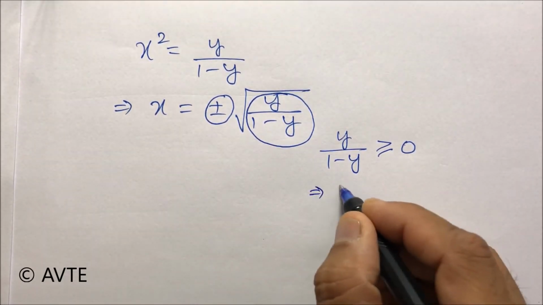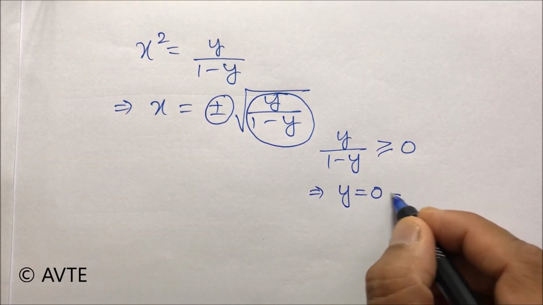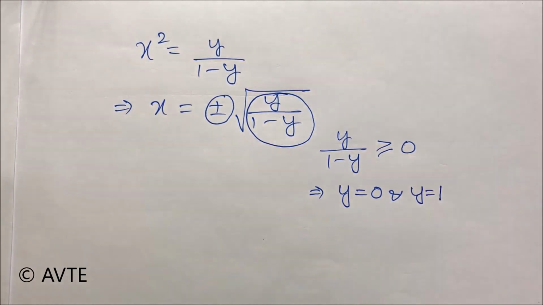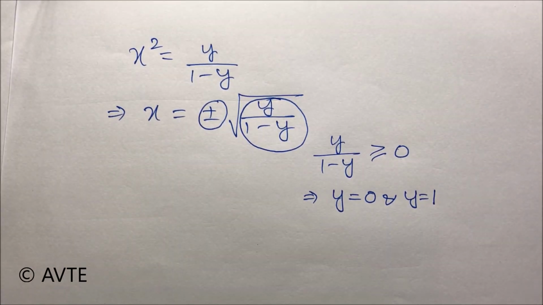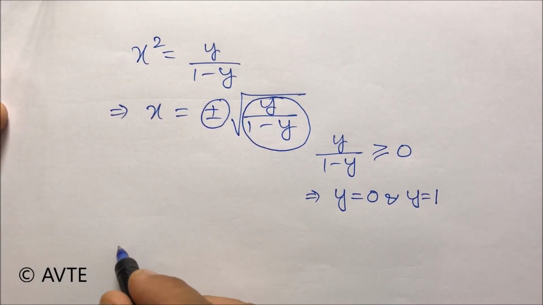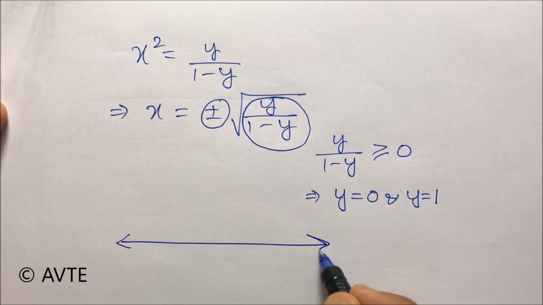So clearly it is y is equal to 0 and y is equal to 1. 0 will participate, but 1 will not. Because by putting 1 here, we will get infinity, which is not a real number. Though 0 and 1 both are the change points. So we are arranging them on the number line.